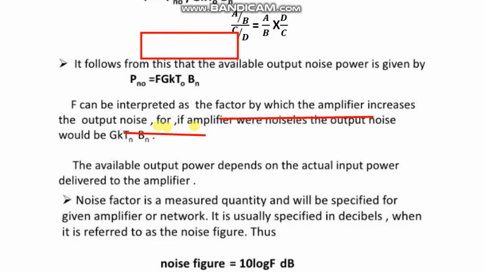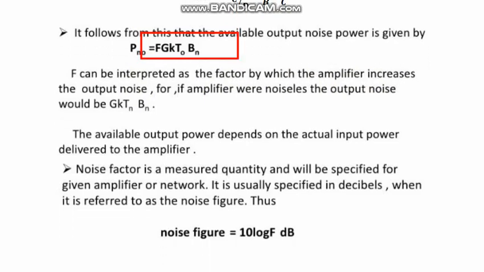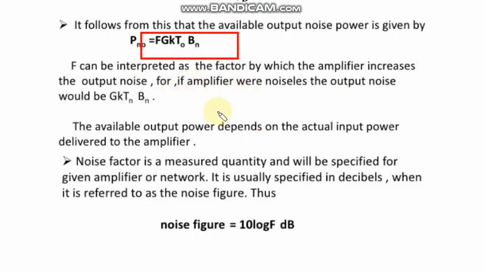Now we have to understand the noise factor in a new terminology that is known as noise figure. F can be interpreted as a factor, just like a P by Q form, by which the amplifier increases the output noise.